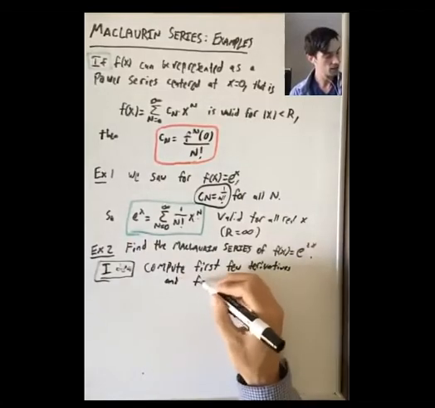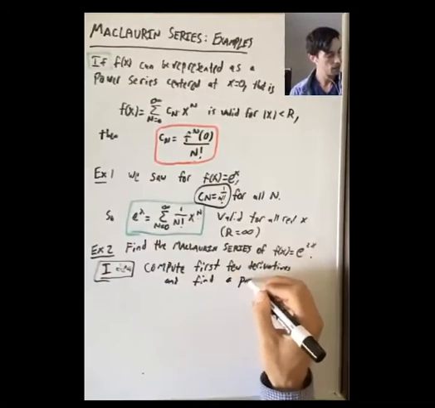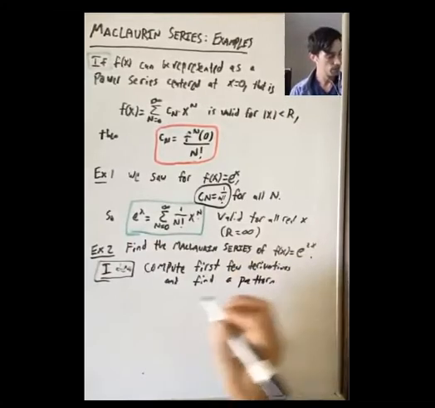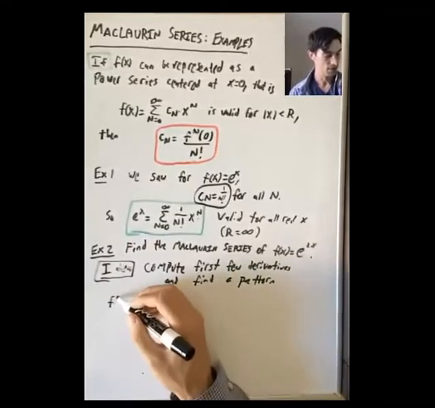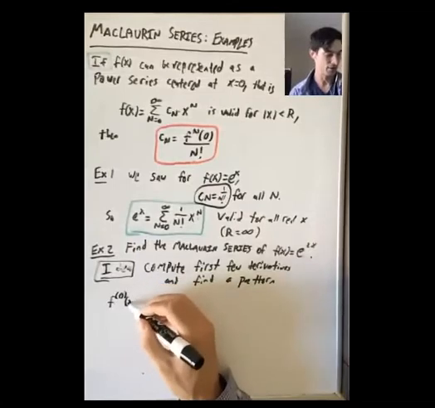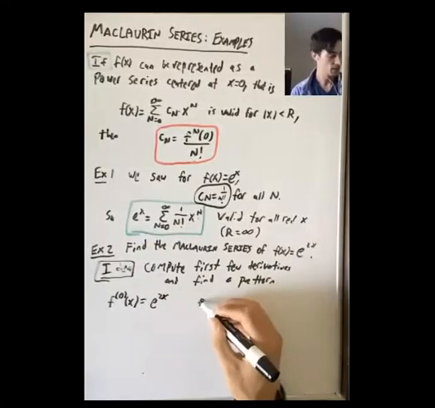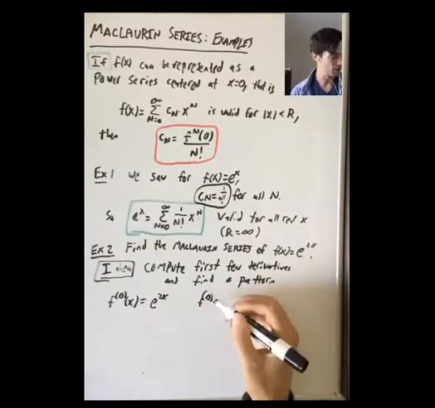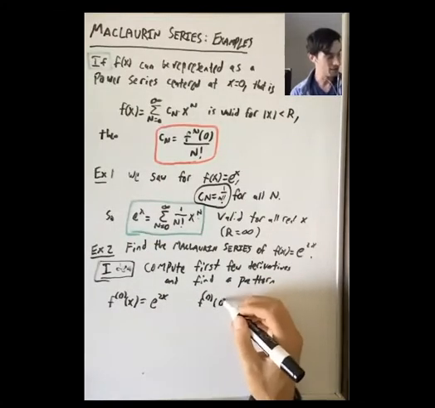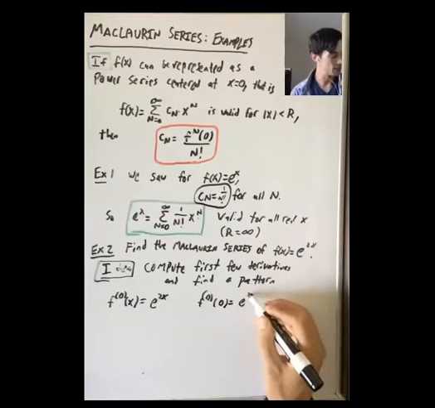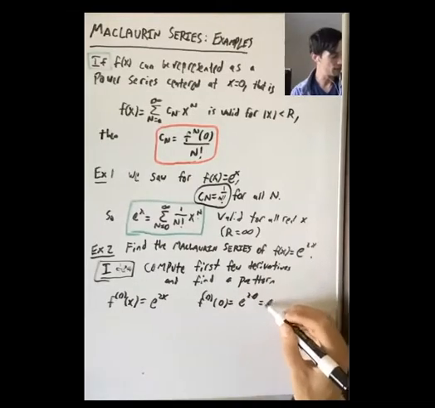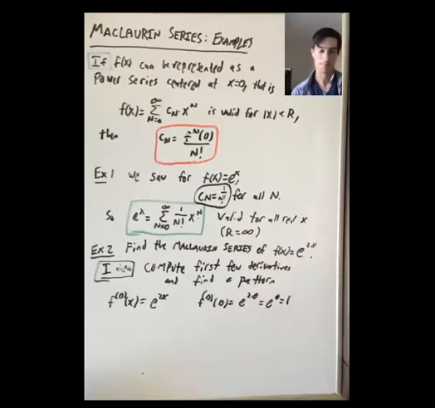Okay, so what do we need to know? Well, okay, the 0th derivative of your function is e to the 2x. So that means if you take your 0th derivative and evaluate at 0, we get e to the 2 times 0, which is e to the 0, which is 1.